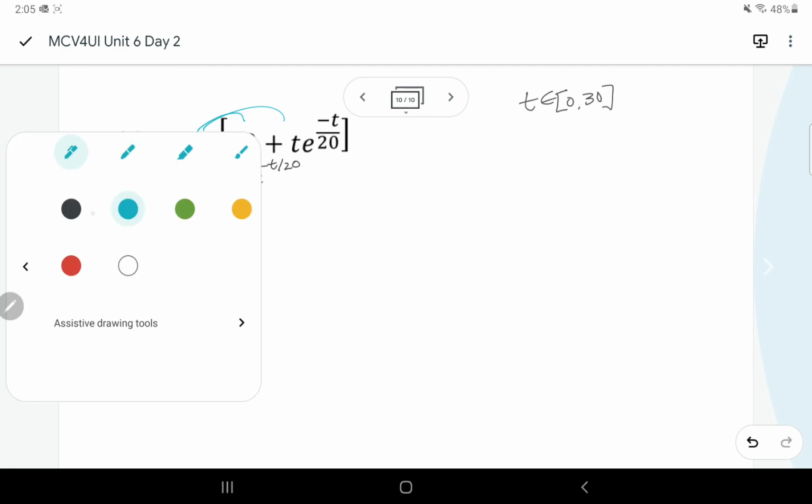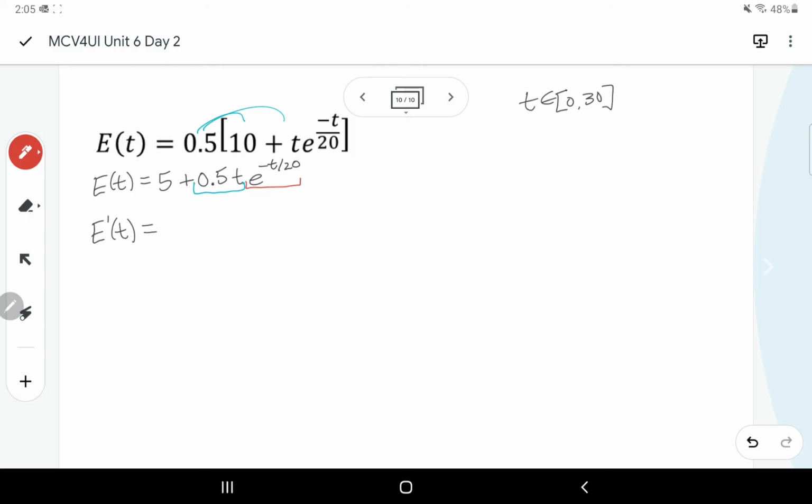So I'm going to put the 0.5t as one factor and then the e to the negative t over 20 as the other. So here I have the first factor, so 0.5t times the derivative of the second, so that's e to the negative t over 20 times the derivative of the exponent, which is negative 1 over 20, plus we'll do the second factor, so e to the negative t over 20 times the derivative of the first, which is 0.5.